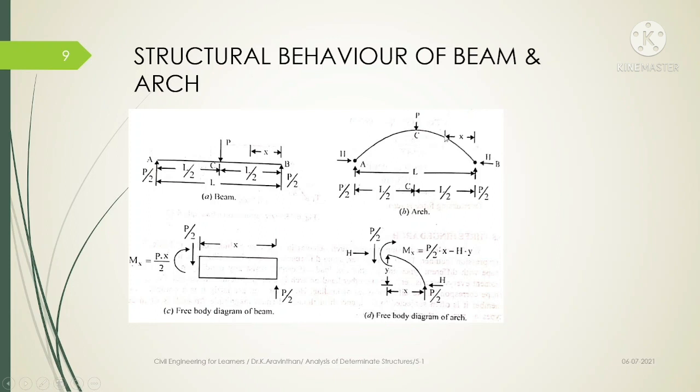And if you make the same material into an arch shape, what happens? You will be getting the reactions. That is, if this is P, you will be getting P by 2 and P by 2 when it is equally distributed, when it is symmetric. And if you take moment, you will be getting P by 2 into X minus H into Y. This Y is the distance which we have discussed earlier.